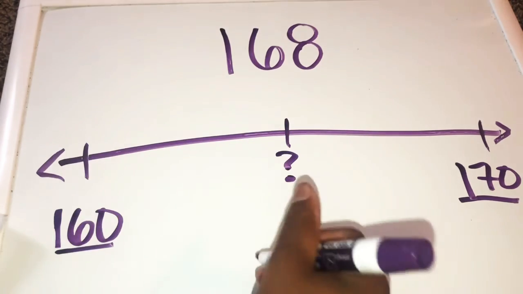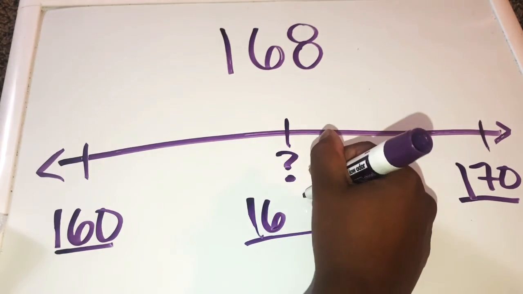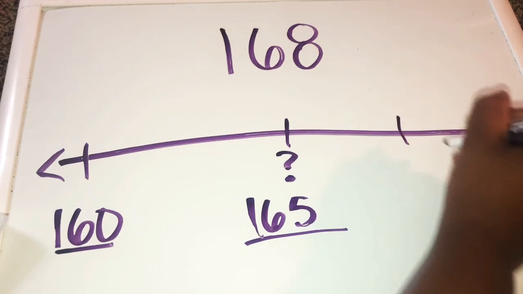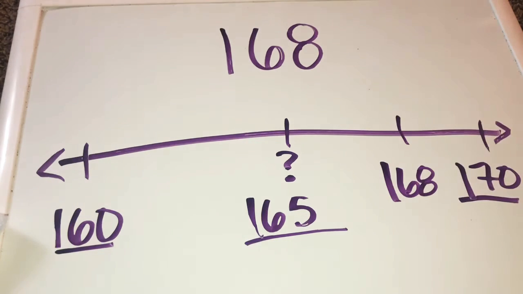Now we need to figure out what's going to go in the middle. What number goes directly in between 160 and 170? 165. Now let's figure out where 168 goes on this number line. 168 is bigger than 165, so we're going to write it just a little bit closer to 170.